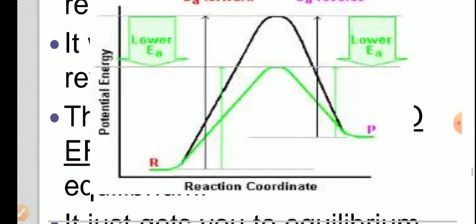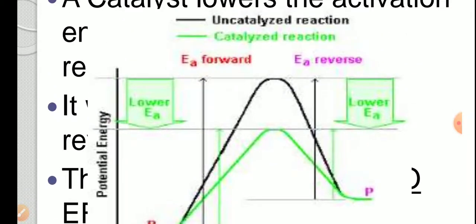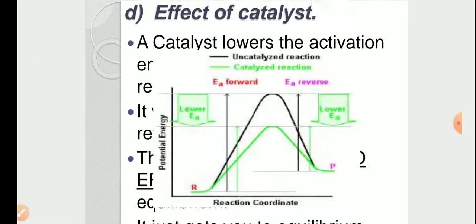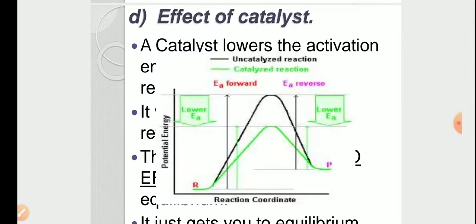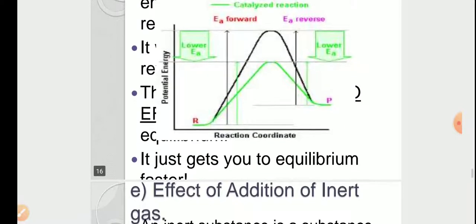The decrease in activation energy by using a catalyst is the same for the backward and forward reactions. That's why I told you there is no effect of a catalyst on the chemical equilibrium, so there will be no change in the reactants or products if you use a catalyst.